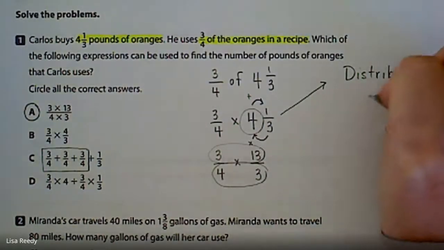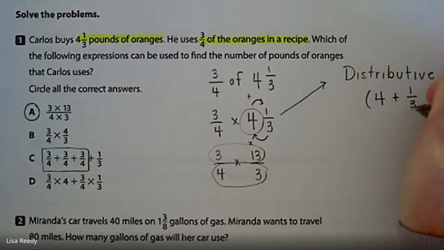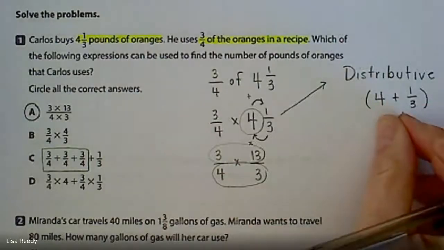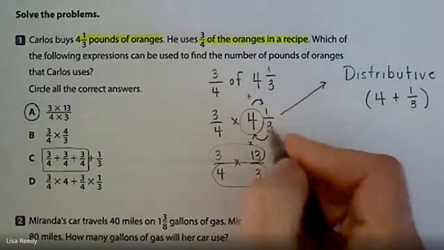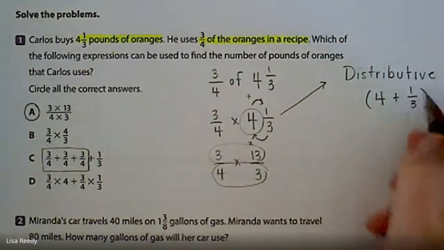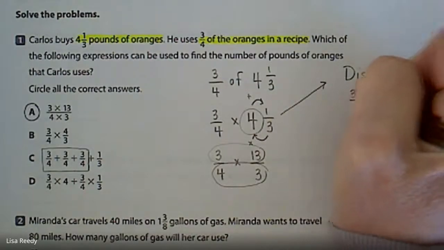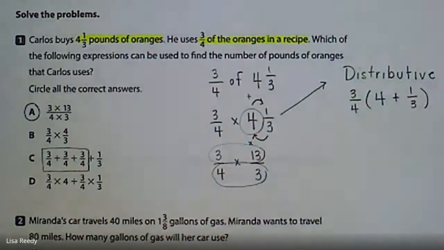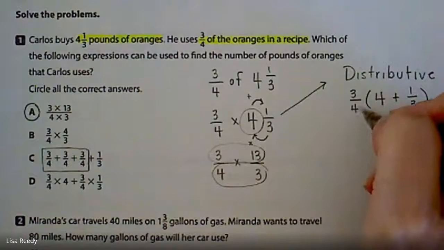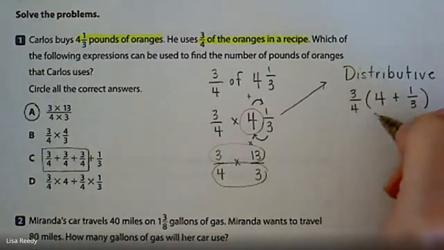So we know that 4 1/3 is 4 plus 1/3. Okay, that together makes 4 1/3. And you're multiplying that whole thing, that's why it's in parentheses, by 3/4. Now, when we learned the distributive property earlier this year, we knew that you took what was outside the parentheses and gave it to everything inside the parentheses.